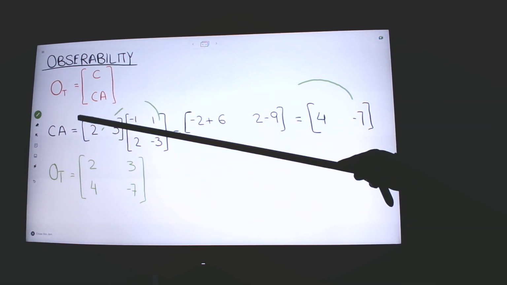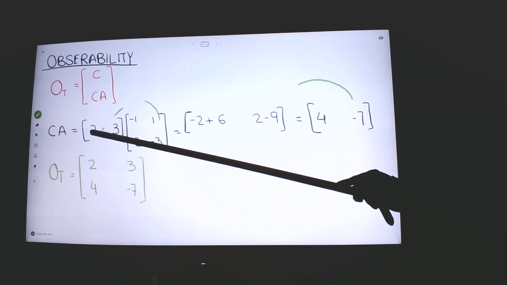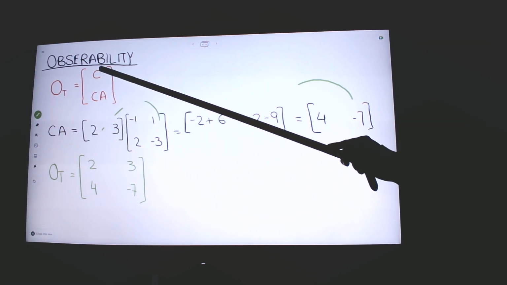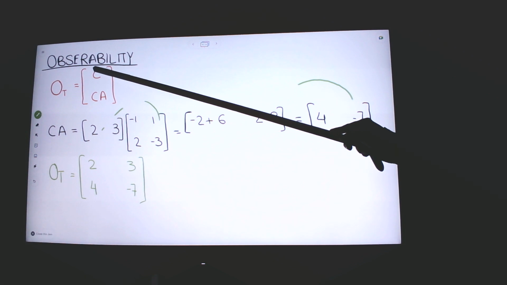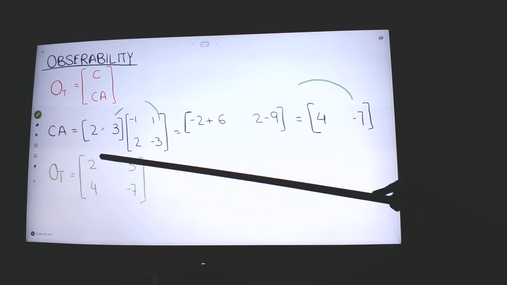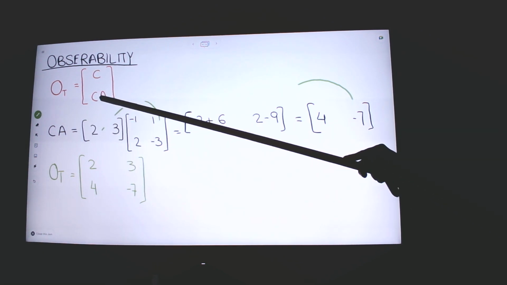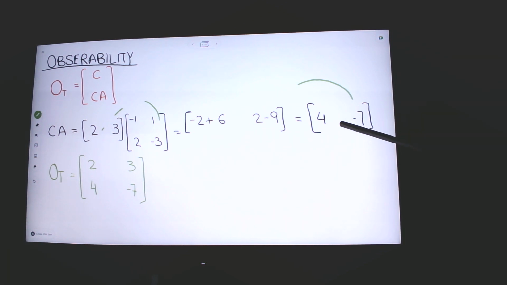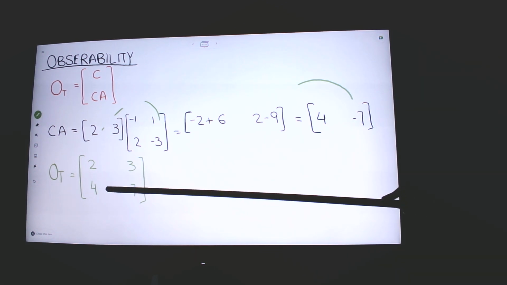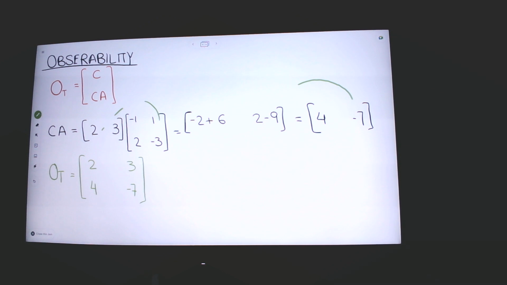What was C? C was 2, 3. So I put here, from the first slide, C is 2, 3. Then there's CA. What's CA? CA is 4, minus 7, and I put 4, minus 7 here. I need to find if this system can be observed or not.